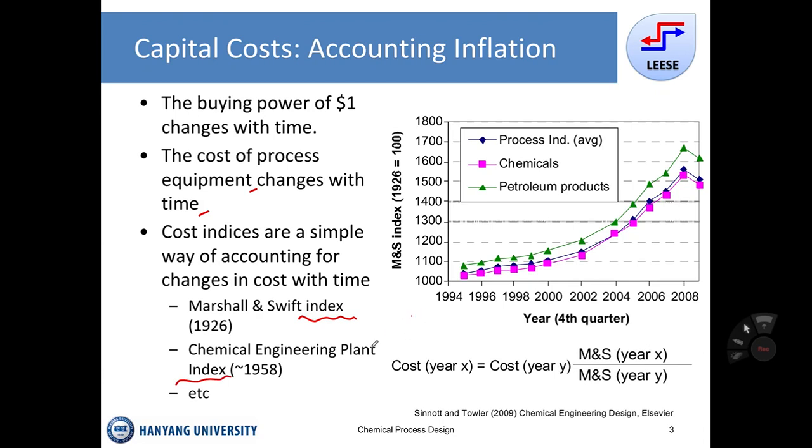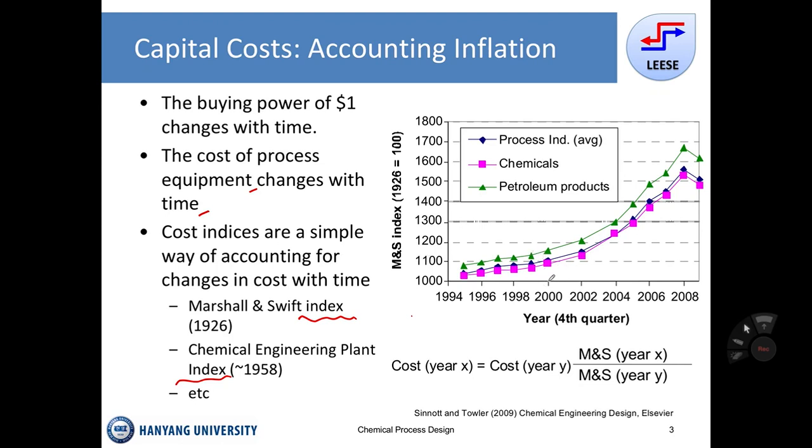The slide shows the Marshall and Swift index. There are 3 lines. One is related to chemicals, another is the typical process industry, and the green one is related to the petroleum product industry. Based on the particular year, we can have some index.